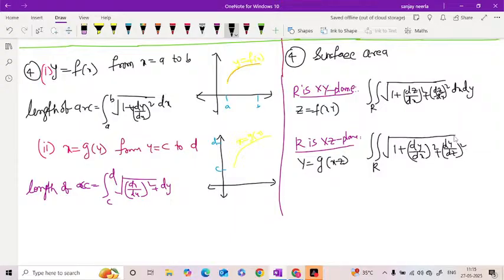Here I am assuming x and z are independent variables, so dx dz, in the xz plane.